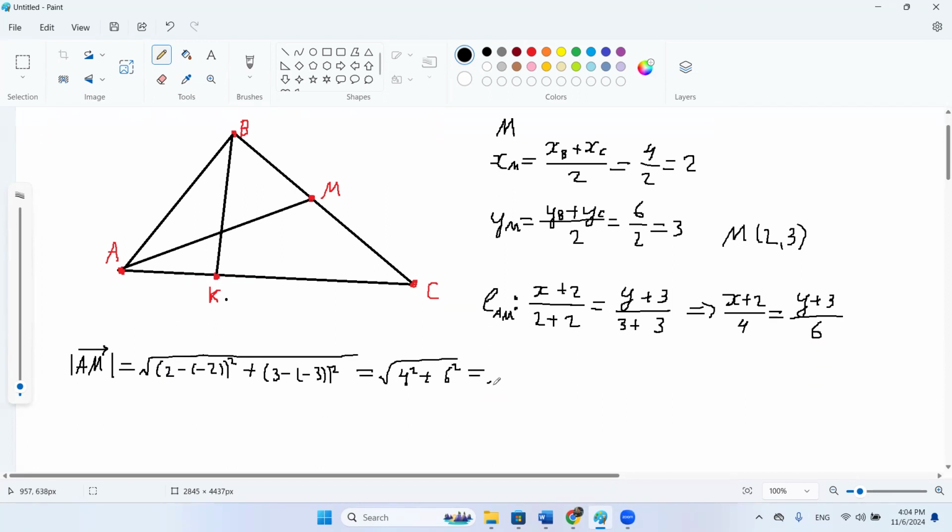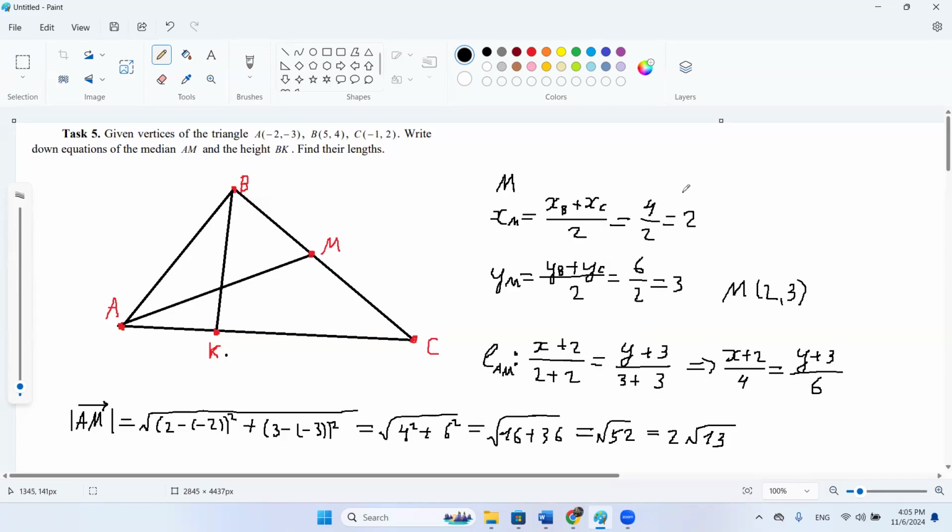So it equals the square root of 16 plus 36, so the square root of 52. And we can move 4 outside of the root, because 52 is 4 times 13, so 2 square roots of 13. So AM is done. Any questions about this part? No questions.